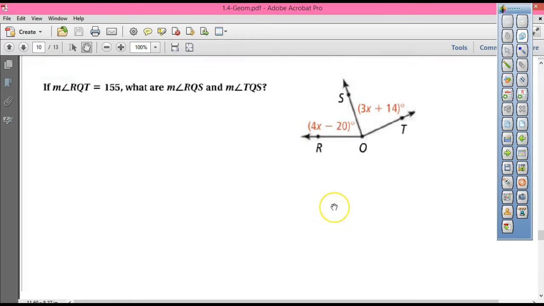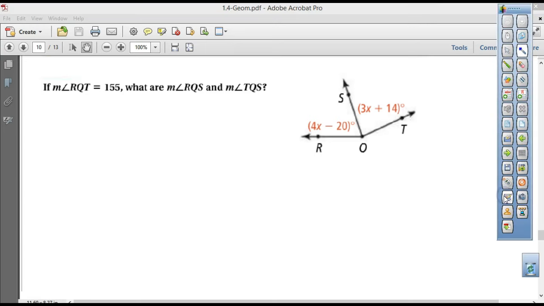Okay, so the 2 little ones add up to the big one. So these 2 little ones in this problem add up to what? RQT is? 155. So how am I going to add the two little ones together?